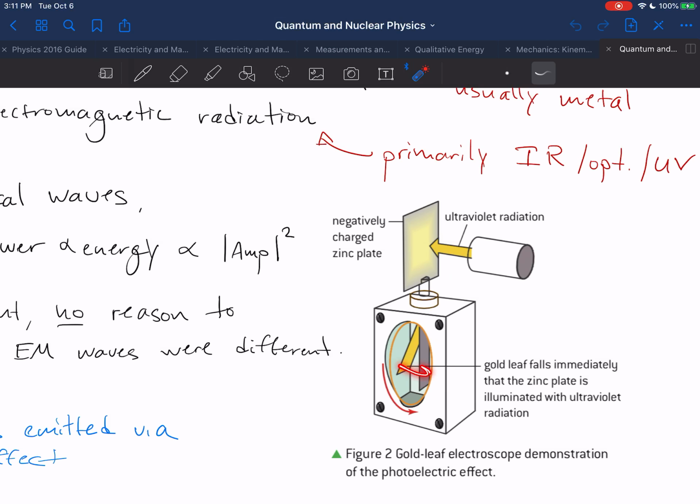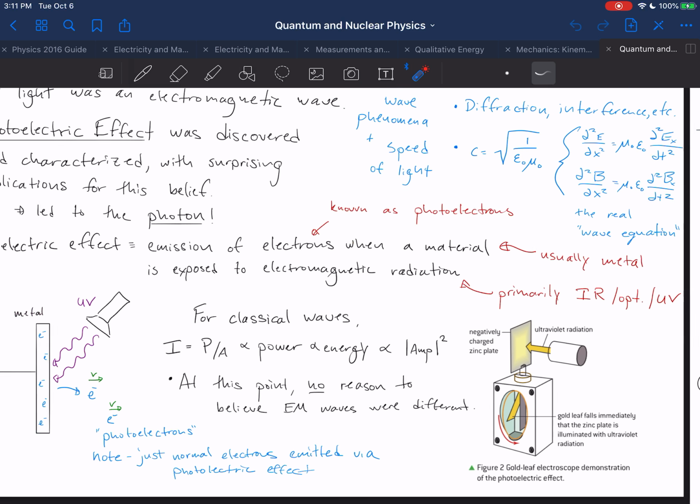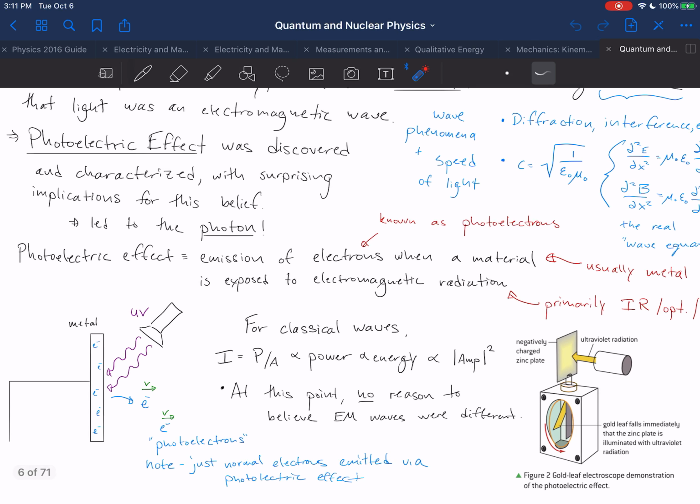That gold leaf will drop given the application of ultraviolet radiation to a negatively charged zinc plate. Quite straightforwardly, this is the photoelectric effect. The experiment we're about to discuss is much more complicated, but fundamentally, this is the effect. If you shine radiation on a metal, it will eject electrons, known as photoelectrons.